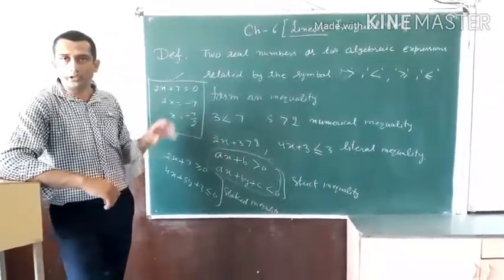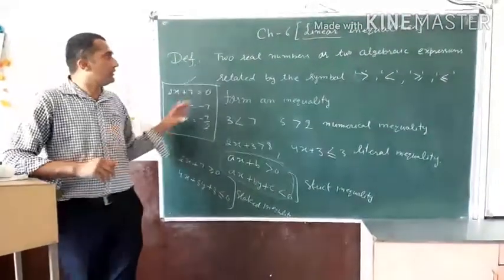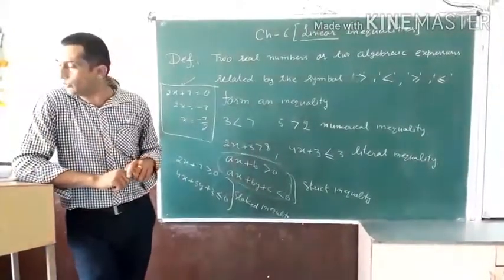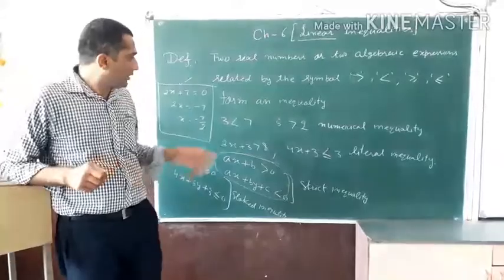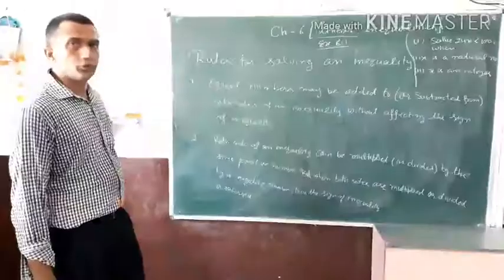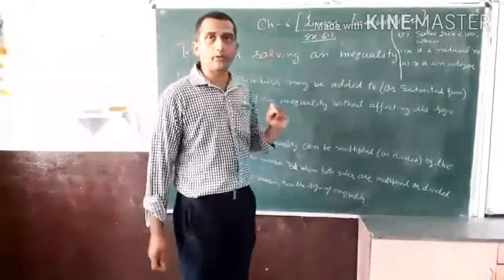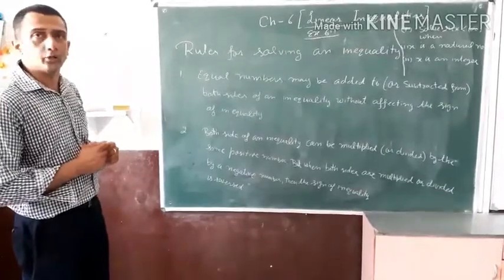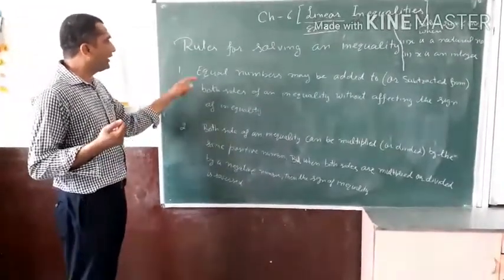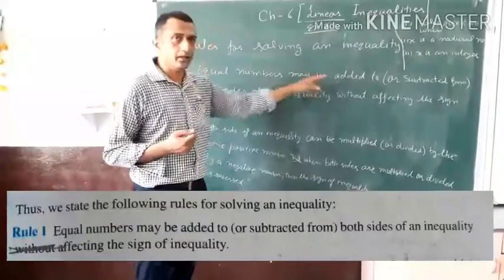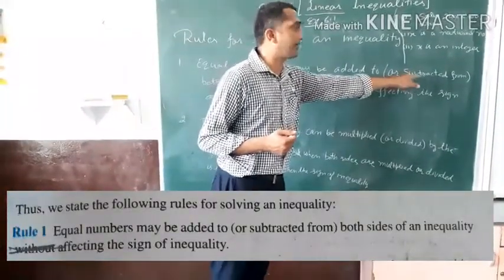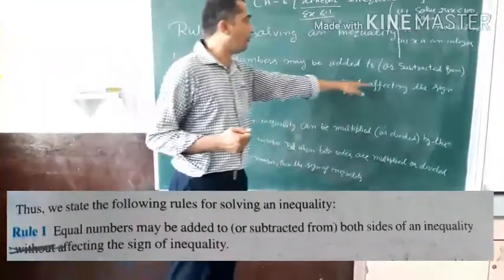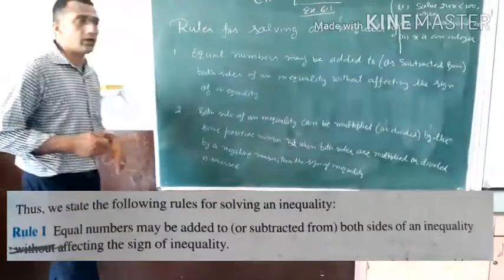These are only some basic concepts of this chapter. Before starting exercise 6.1, please pause the video to note it down. So before starting exercise 6.1, let's summarize the rules to solve inequalities. The first rule is equal numbers may be added to or subtracted from both sides of an inequality without affecting the sign of the inequality.